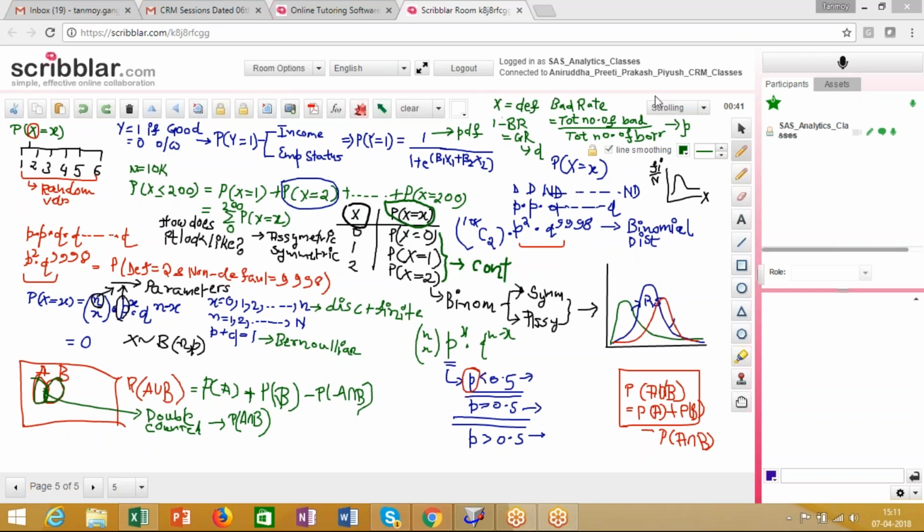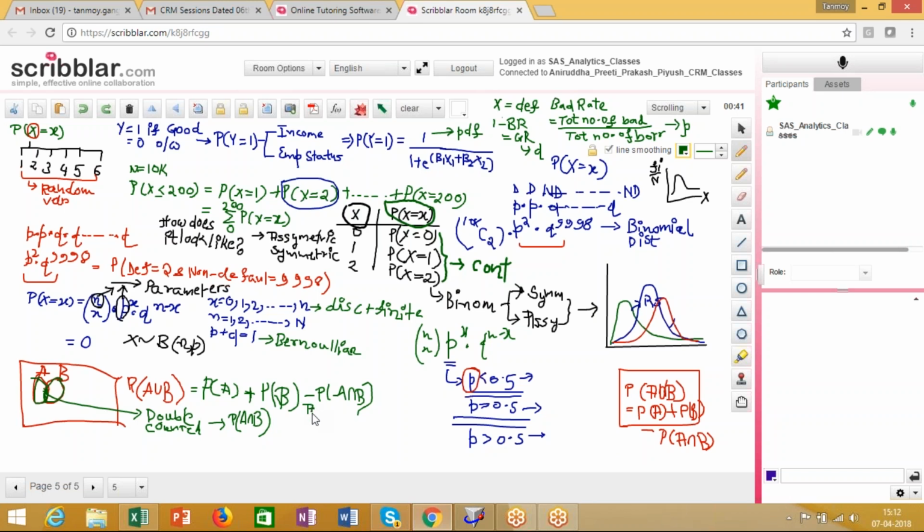Having said that, from here we next move into the next part of the discrete distributions. The distribution which follows the binomial distribution is the Poisson distribution.